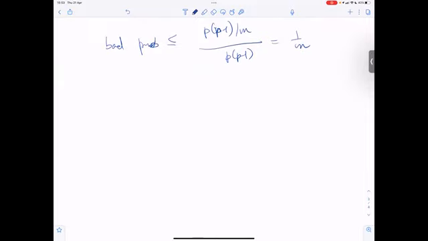Suppose your universe U is some power of 2, where you are hashing from your functions h from U to 0 through M minus 1.